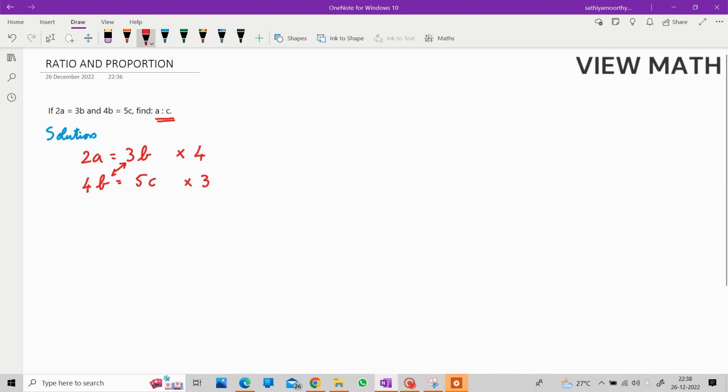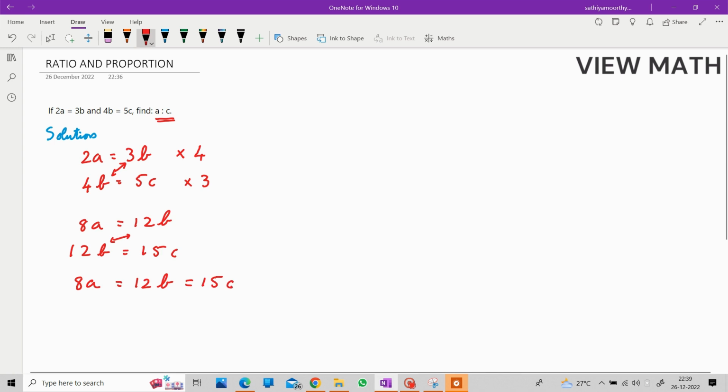So what happens is 4 into 2a is 8a is equal to 12b and the second equation becomes 12b is equal to 15c. Now I can see these two are same, so I can combine the two equations. So it is 8a is equal to 12b is equal to 15c.